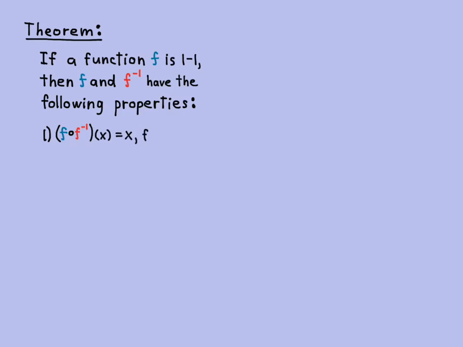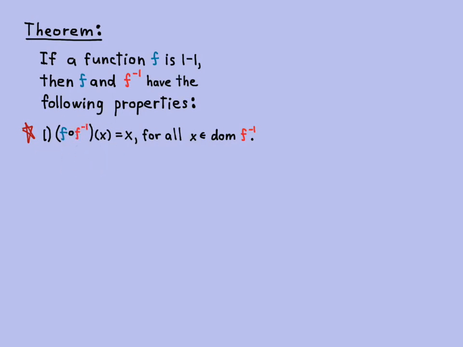First, f compose f inverse of x equals x for all x in the domain of f inverse. Remember, this is f of f inverse of x. So the domain of this thing is the values of x, and they have to be in the domain of f inverse. Why? Because you have to do f inverse first before you do f.